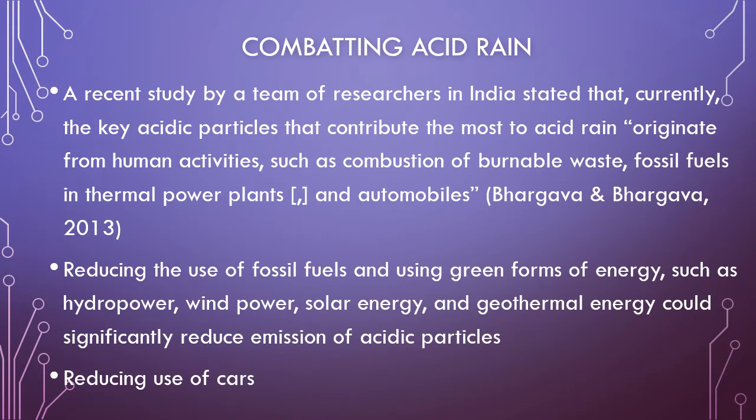So some measures that can be taken to reduce or combat acid rain are actually pretty similar to measures that can help climate change overall, such as reducing the use of fossil fuels and switching over more to green forms of energy, such as hydropower, wind power, solar energy, and geothermal energy. And also, this team of researchers in India suggested that reducing the use of cars could also help combat acid rain.